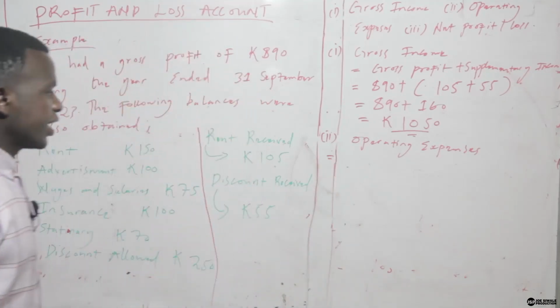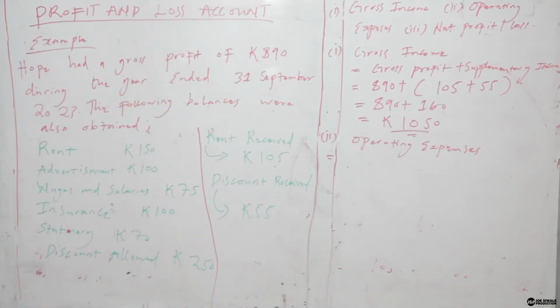So operating expenses, our expenses there, we're going to have rent, we're going to have advertisement, we're going to have wages, we're going to have insurance, stationery, and discount allowed.